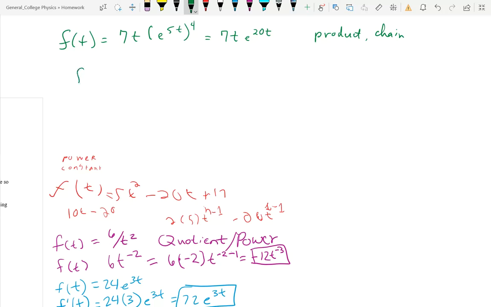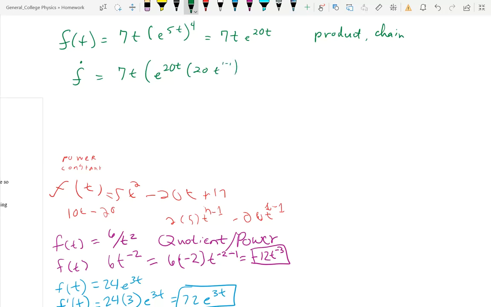So if I take the derivative, and here, I'll put f dot because technically that's how we do it in physics if we're doing a derivative with respect to time. I'm going to have the first times the derivative of the second, so the first 7t, the derivative of the second, using the chain rule, derivative of e to the u is e to the u. So I have e to the 20t, but then du dt, since the u was 20t, du dt is 20.